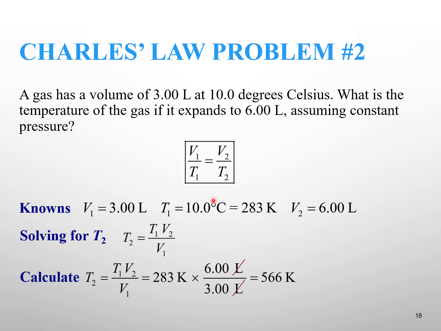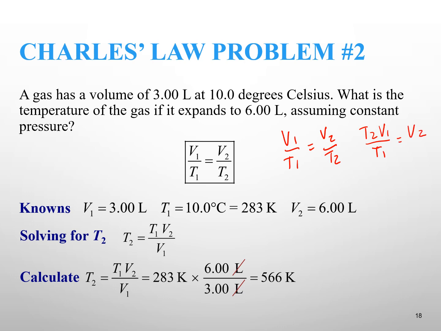So if you rearrange it, it would look like this. If you know that V1 over T1 equals V2 over T2, what we would do is put our T2 on the top. So we have T2 times V1 over T1 equals V2.